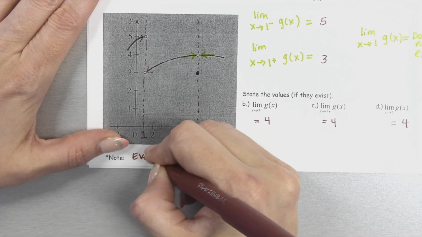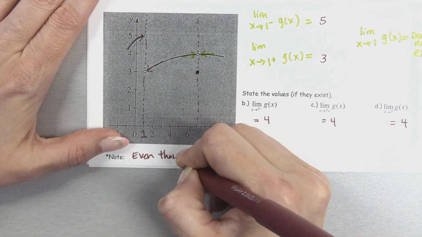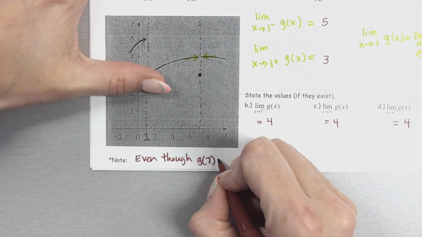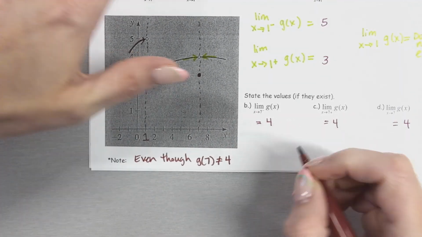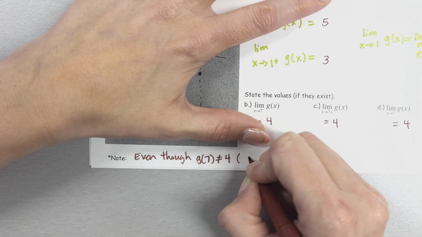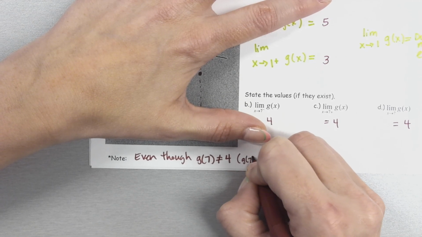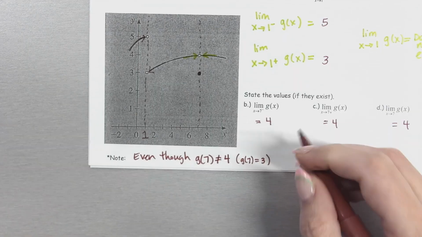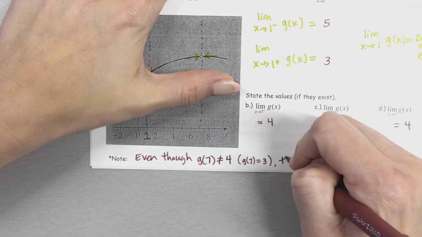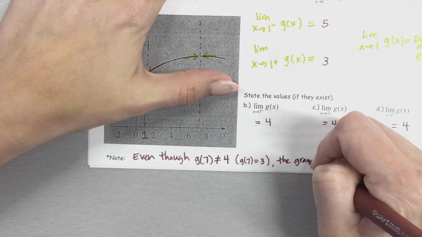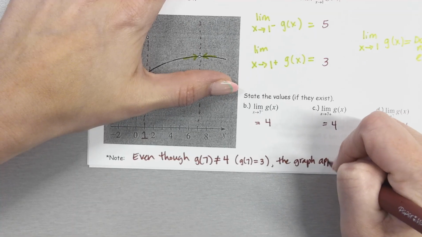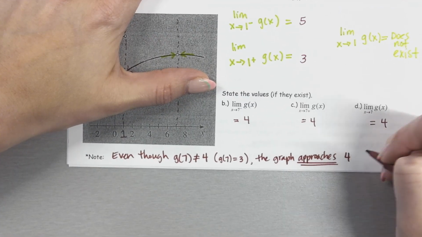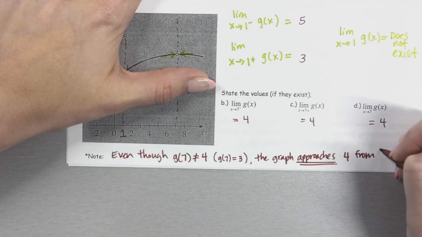So even though g of 7 does not equal 4, g of 7 equals 3, the graph approaches 4 from both sides.